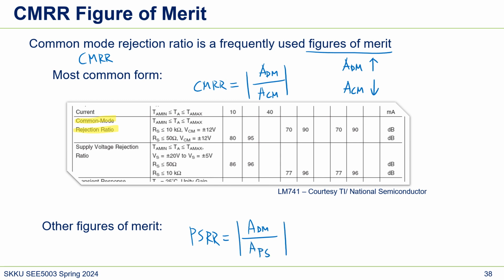So when we apply some excitation on VDD, we want to see how much of the fluctuation we'll see at V out. Again, we want this value large, because we want the differential mode gain large and the gain from power supply to the output small.